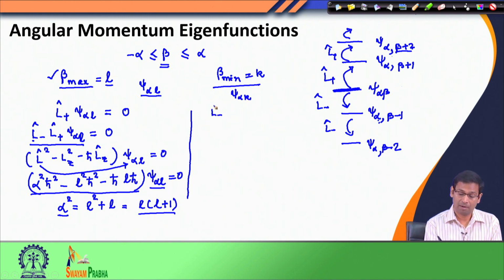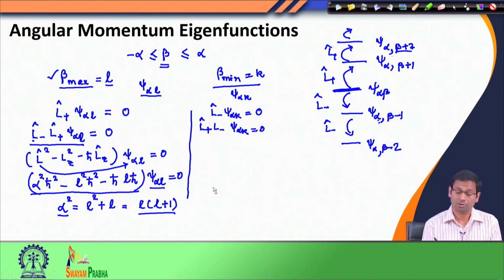If I apply the L minus operator on psi alpha k, I would get 0, because L minus operator's action on any eigenfunction would be to bring it down to the next function. Since this is the lowest function, there is nothing below it. Therefore, the action of L minus will be 0, and if I apply L plus L minus on psi alpha k, it will be equal to 0.